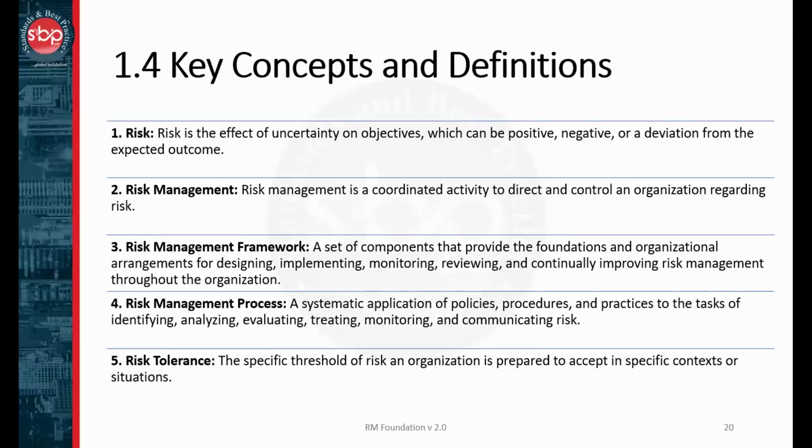And then we have the risk tolerance that I was talking about earlier. This is the threshold of risk in an organization. So we are saying that, if anything happens, what we can bear. Let me use a practical example.